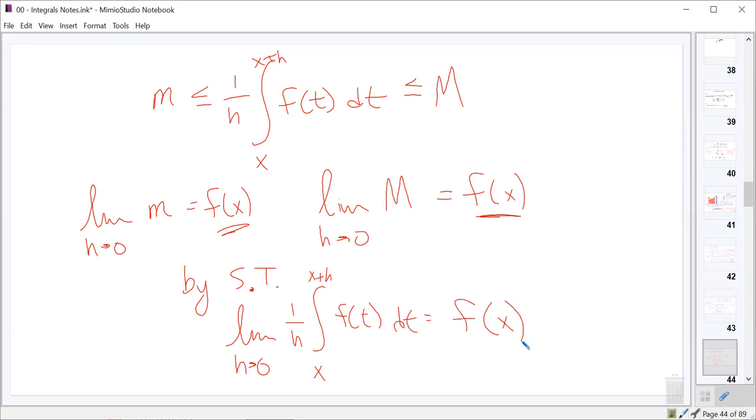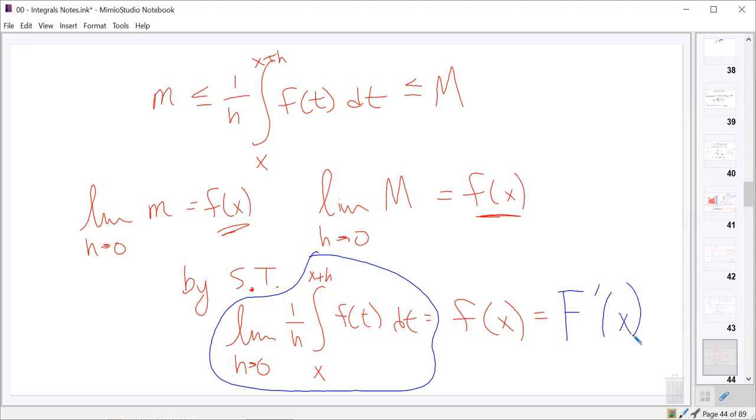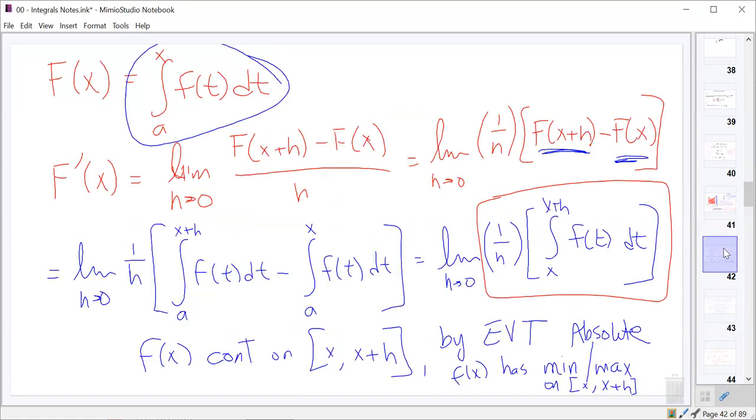And way back at the start, we said that this limit right here was equal to f prime of x. So that's telling us that the derivative of capital F is equal to little f, under the assumption that capital F was the integral from a to x of f of t.